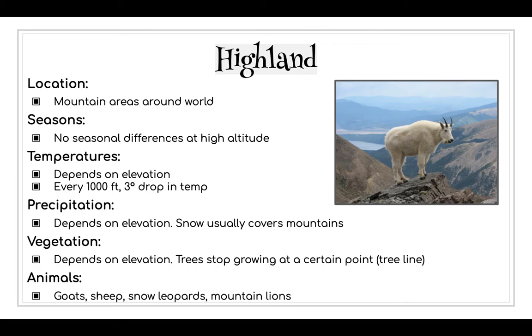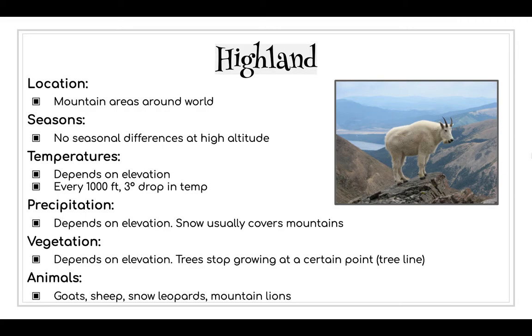Precipitation, it depends on elevation. So there's usually snow that covers the mountains, but oftentimes, like for example, Mount Everest, the clouds don't go that high sometimes. So there's not a ton on the very tops. And then vegetation. So this once again depends on elevation. So if you are above what's called the tree line, trees just stop growing.